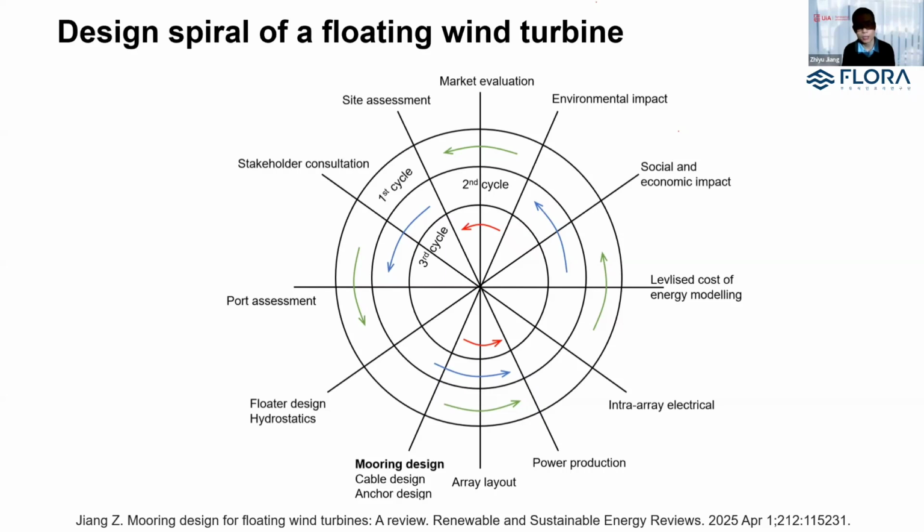Layout optimization. So there are many things that we need to consider. Also, social and environmental impacts. This is also quite important for many societies because there could be very strong resistance from fishermen, and we do not want to incur large impact on the environment even after the floating wind project has been decommissioned.